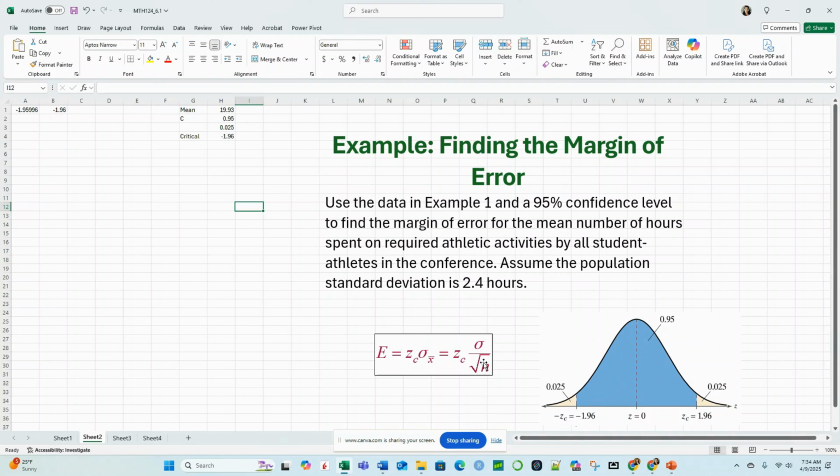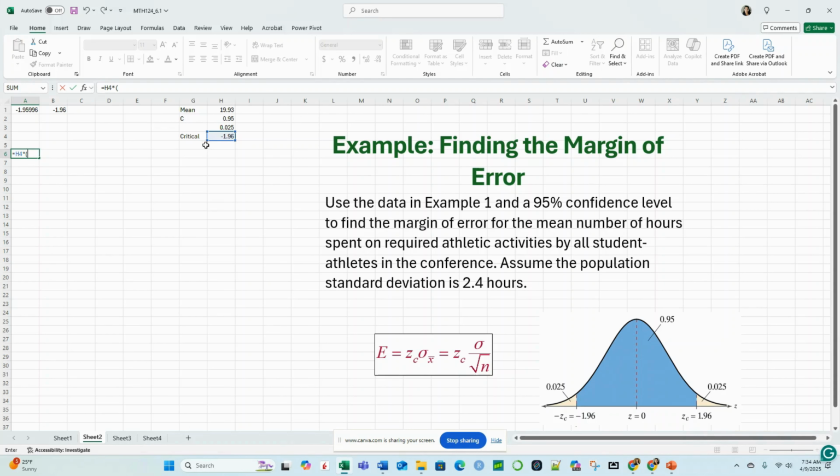Then I will calculate here using Excel. So first equal, this is the critical value. We found this one. I will click here and times, then sigma divided by square root n. I will use the parenthesis.